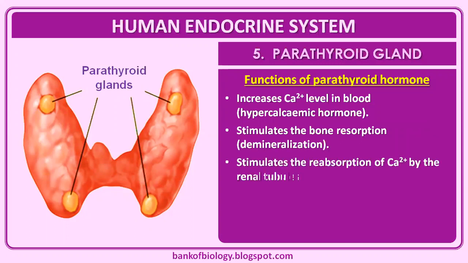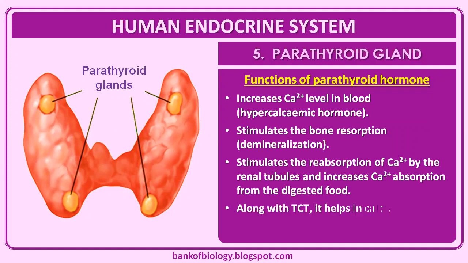Calcitonin, as we said, lowers the calcium levels in ECF. Then parathormone raises the calcium levels in ECF. ECF is nothing but blood or any other fluid of the body. So calcitonin lowers the calcium levels in the blood, and parathormone raises them.